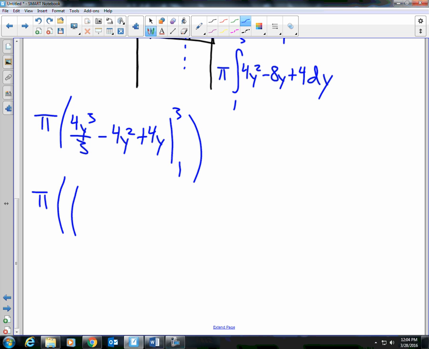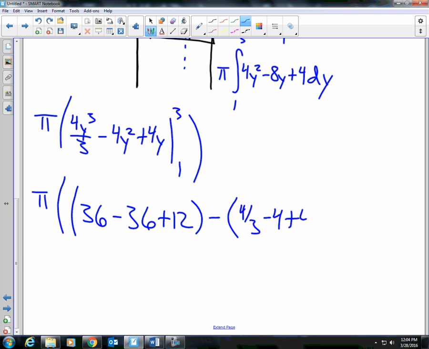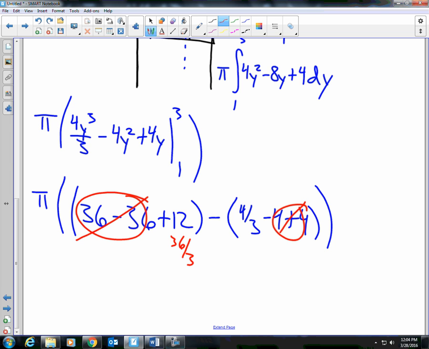Plug in 3, you get 3 to the third is 27, times 4 divided by 3 is 36, minus 4 times 9 is 36. Plug in 1, and you get 4 thirds, minus 4 plus 4. As you can see, it works out quite well. Your 36's cancel. Your 4's cancel. You get 36 thirds minus 4 thirds is 32 pi over 3. Your final result.